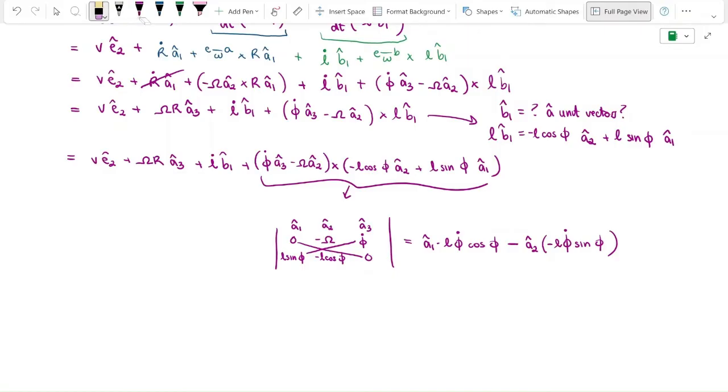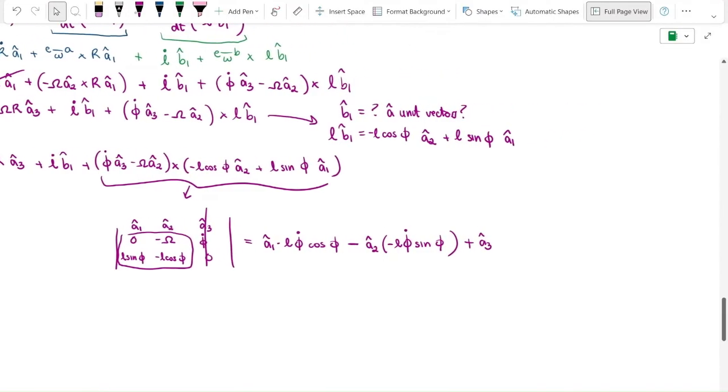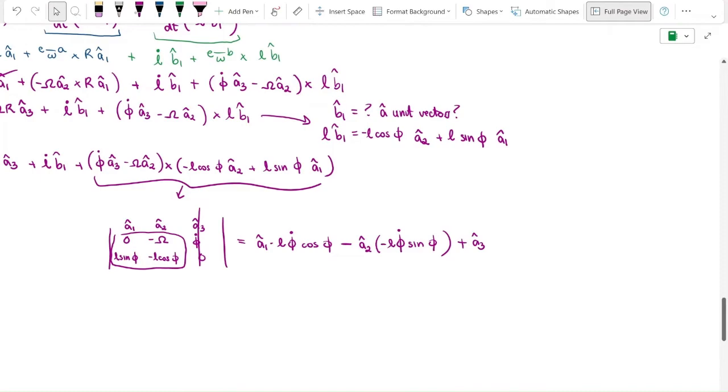Then I do the same thing with the last column, a3 hat. The last column is normal, so it's plus a3 hat times 0 times negative L cosine phi minus L sine phi times negative omega. This gives 0 minus that, which is just L omega sine phi. Great.